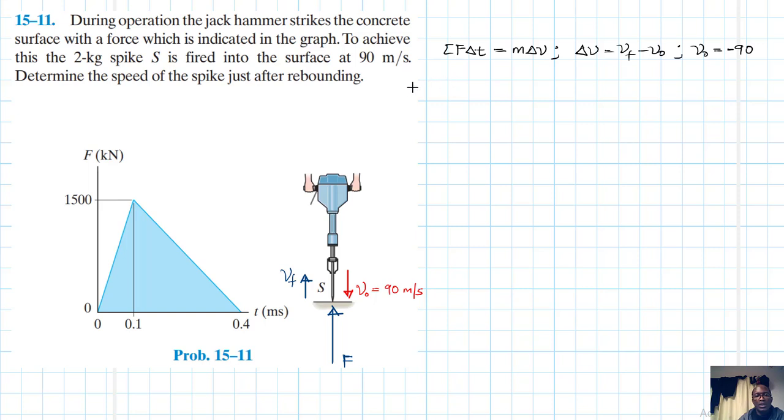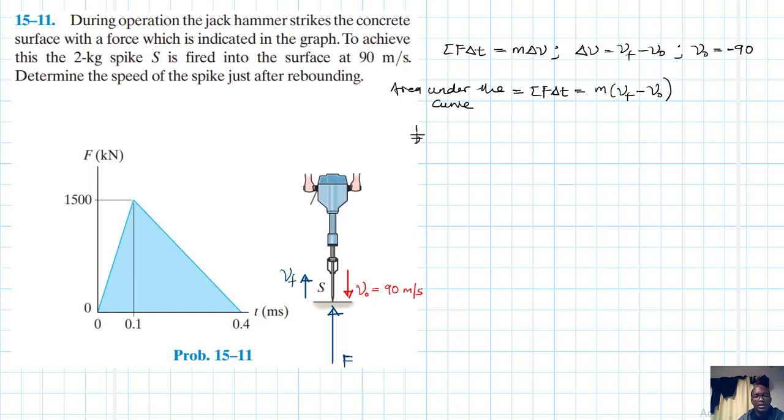Like we said, the area under the curve is equal to F delta t, and this is equal to m times v final minus v initial.